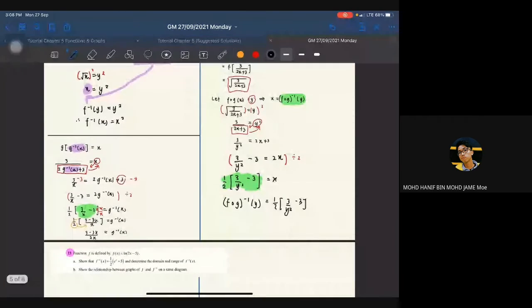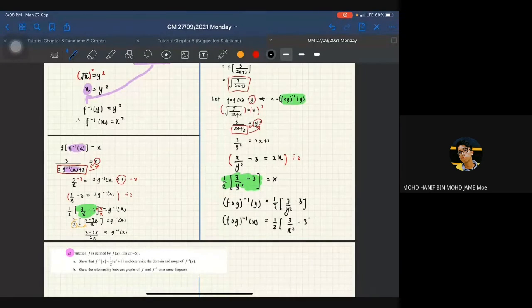Okay, and then gantikan sahaja awak punya y tu dengan awak punya x. So you will get f of g inverse x is equal to 1/2 in bracket 3/x square minus 3, like that.